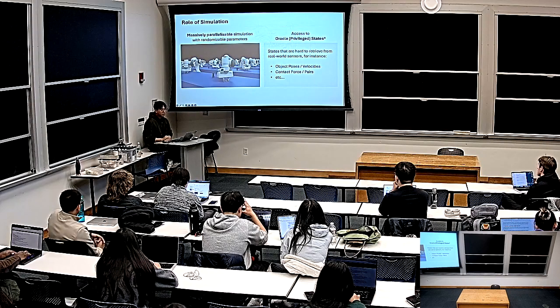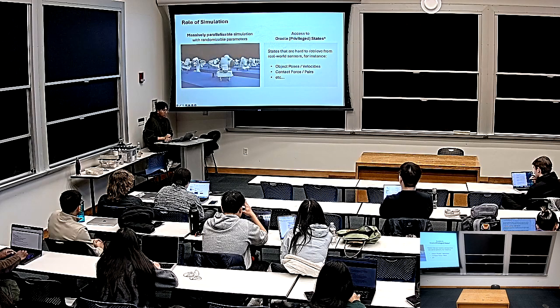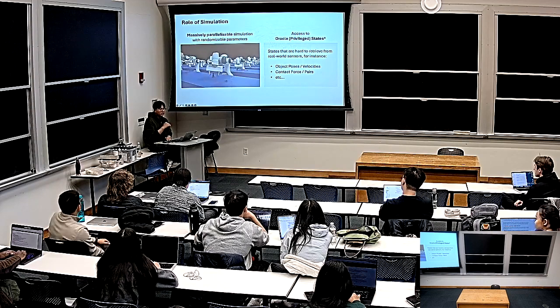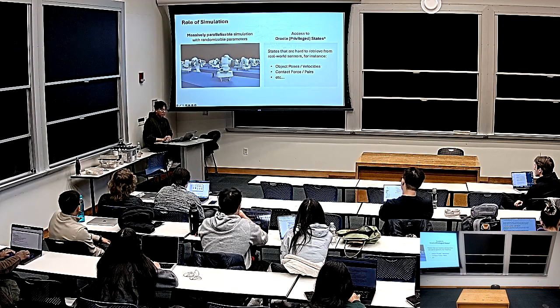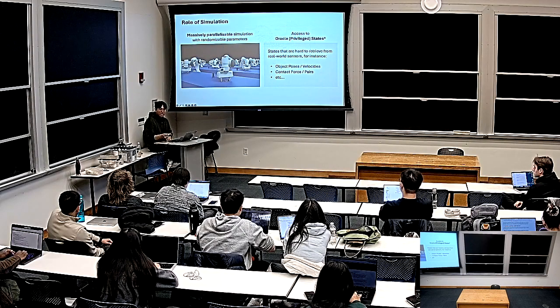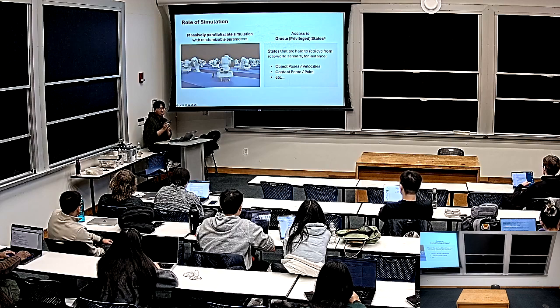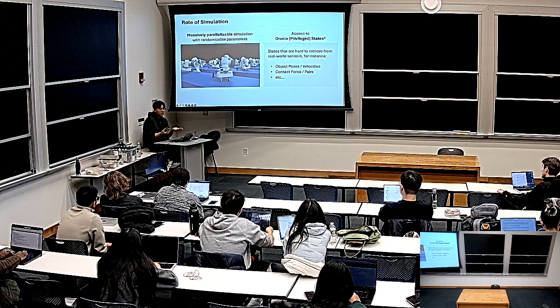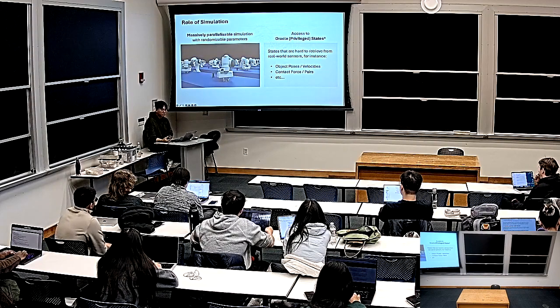And one of the reasons that simulation allows a nice and easy way to integrate with reinforcement learning is the fact that simulation allows access to oracle states, which we often call privileged states, meaning those states that are hard to retrieve from real-world sensors. Those include something like exact object poses. For example, if you have to manipulate this microphone receiver over here, in simulation, if we have an object modeled inside a simulation like this, we can directly receive the state of this object, pose and velocity, because that's what the physics engine is using internally to simulate the physics phenomenon.